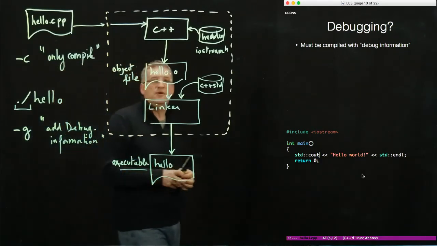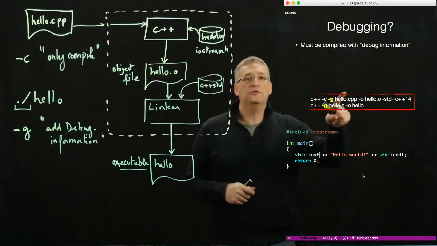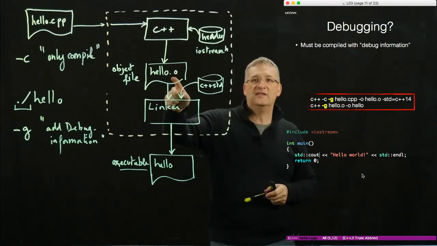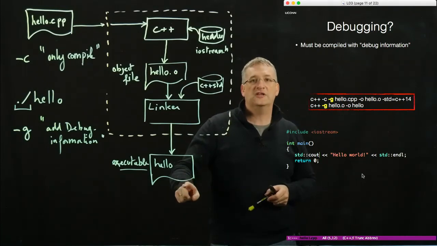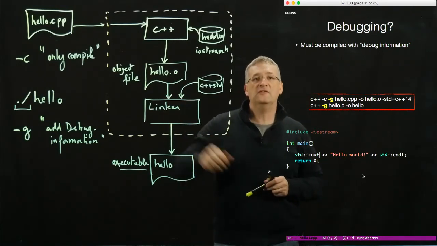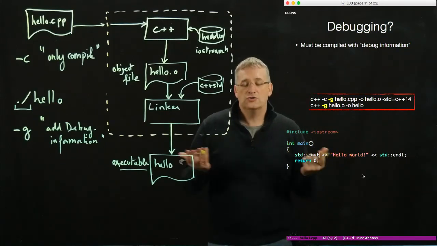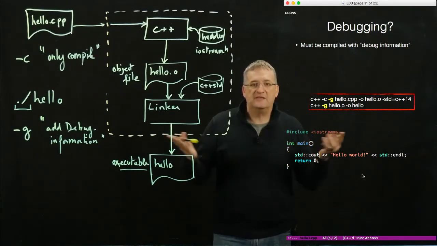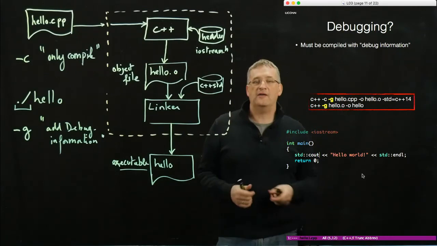Right? That's a simple flag, and that's what you get illustrated here. Now you have to add it both to the compilation command and the linking command so that this file gets extra debug information and this one gets it too, so that the debugger can refer to that information to show you your source code when something goes wrong, so that you can actually do the right thing and inspect the state of the program, inspect the variables, inspect the stack, all the kind of things you typically would want to do.